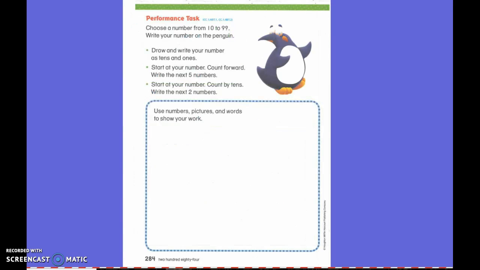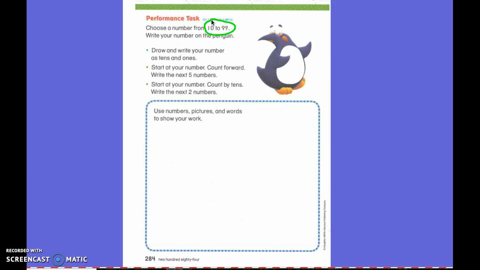Okay. I want you to get out all of your colorful pages, and flip it to the very back with the penguin. My grandma likes penguins. It says choose a number from 10 to 99. I do not care which number you choose, but it has to be between 10 and 99. Can I choose 100?